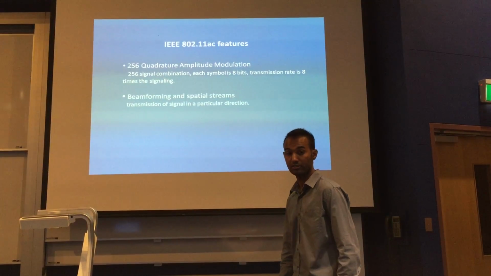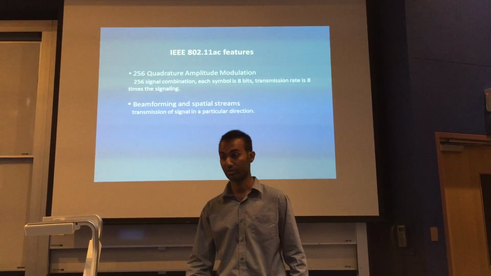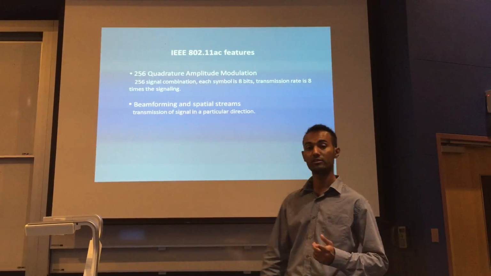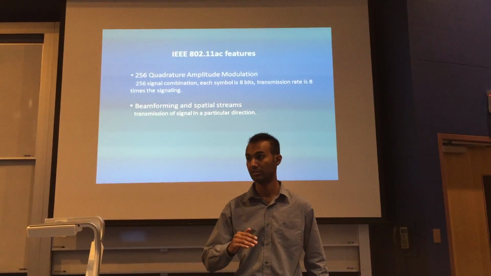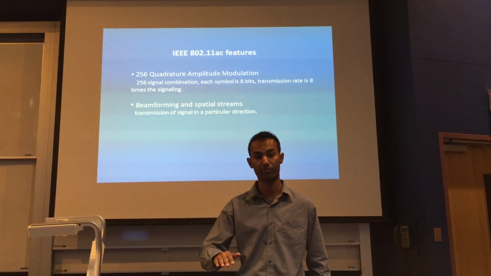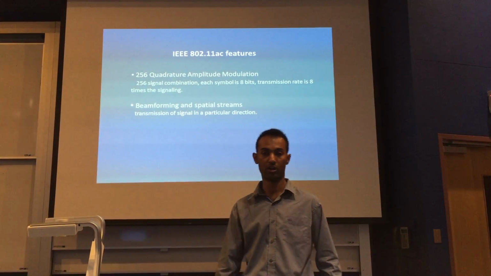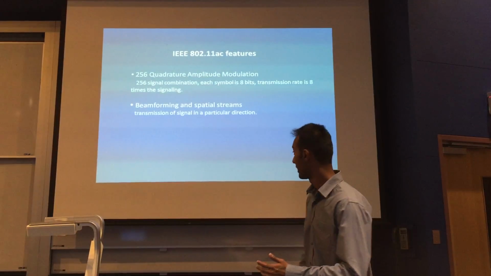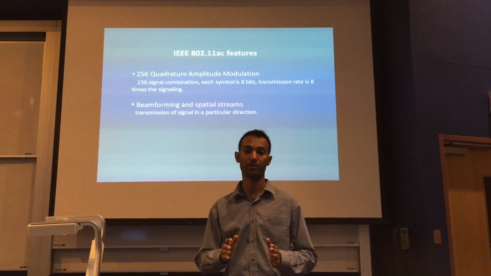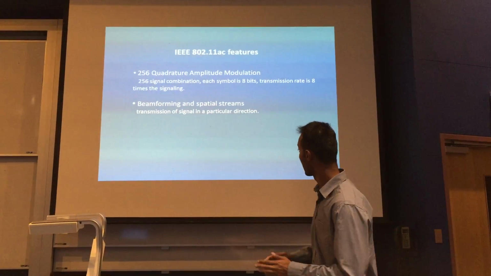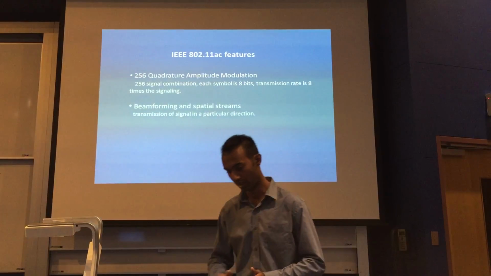One of its other features is the 256 QAM modulation technique. It's just a combination of 256 signals. You can transfer 256 different types of signals in one go, and each symbol has 8 bits, so you can have a transmission rate 8 times more.